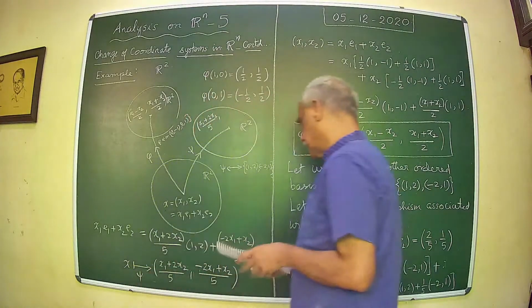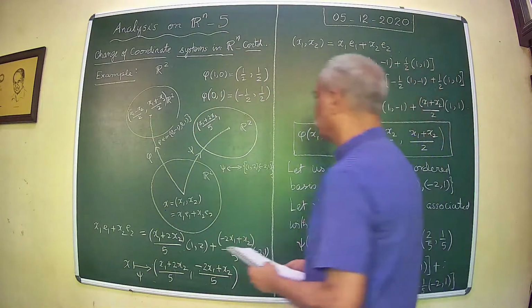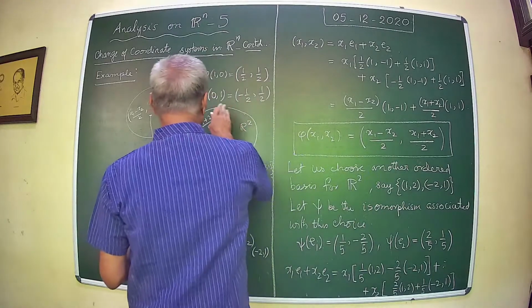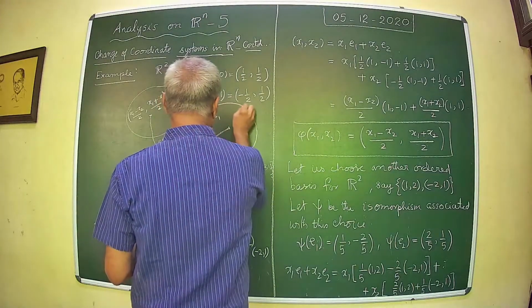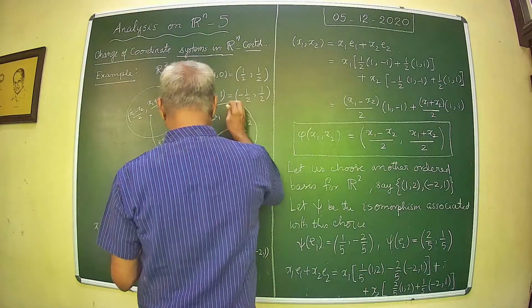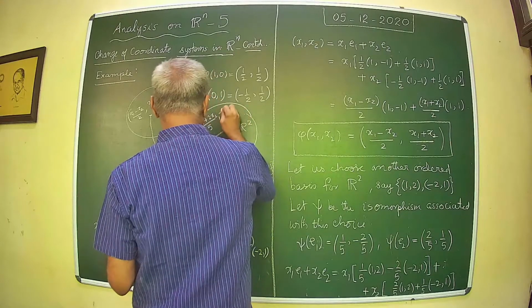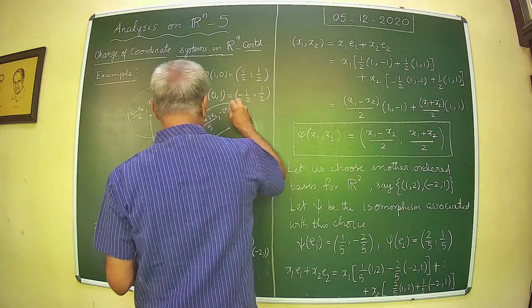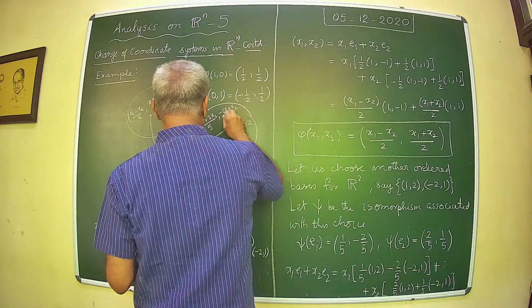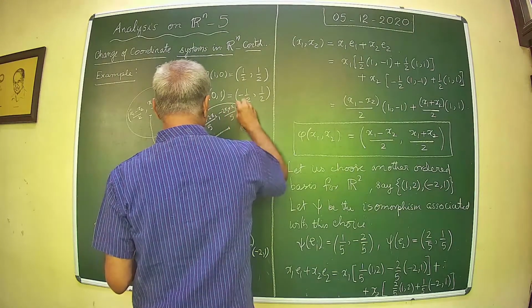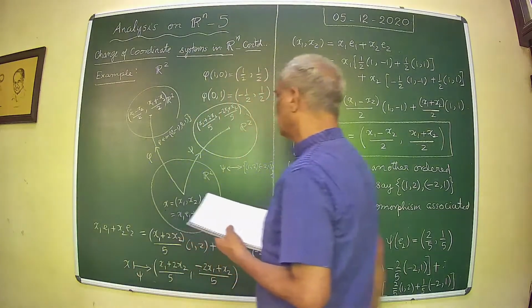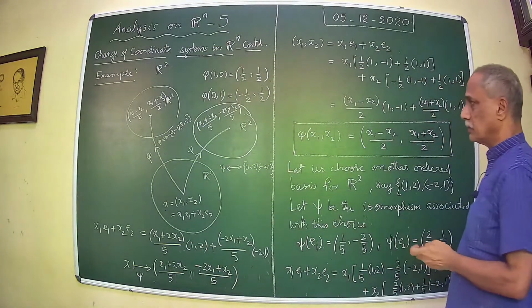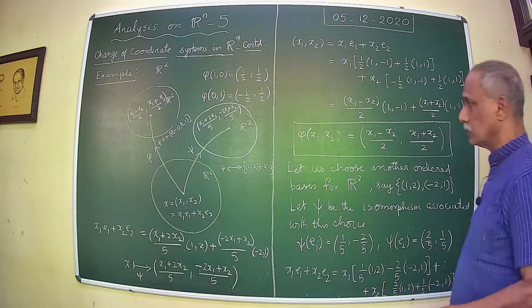This is the connection, and this is important. You can quickly check what happens when x1 equals 1, x2 equals 0.